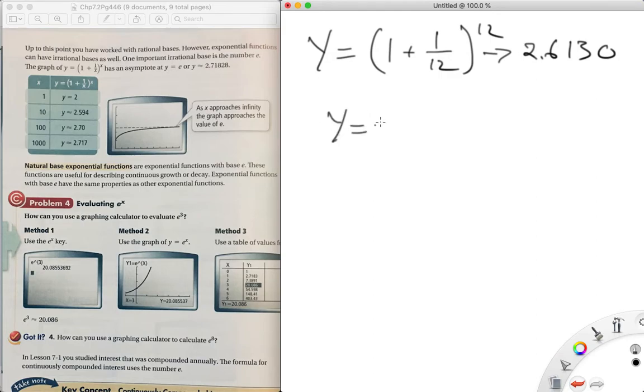What if I was to double my money every day? 1 plus 1 over 365, since there are 365 days out of the year. Well, what happened to my money now?